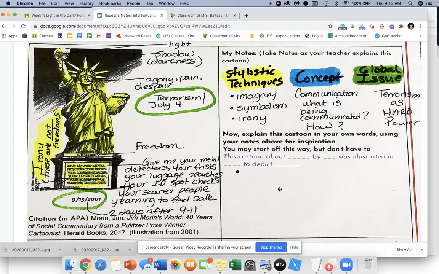You can argue and say, okay, the terrorism, this idea of threats to borders, or you can take it from the perspective of freedoms and liberties, because that's also a global issue. The concept again was communication, and there are three powerful stylistic techniques that you're going to see in almost every single political cartoon right there. Okay.